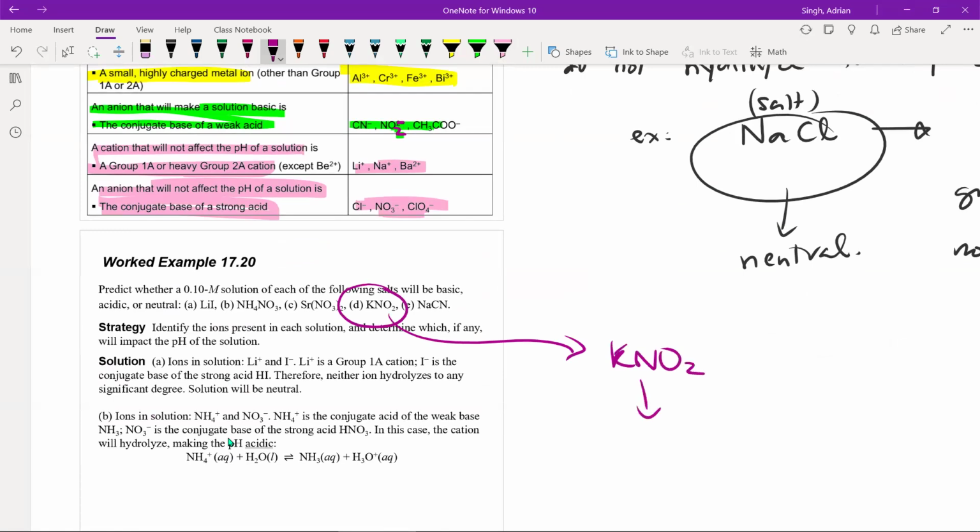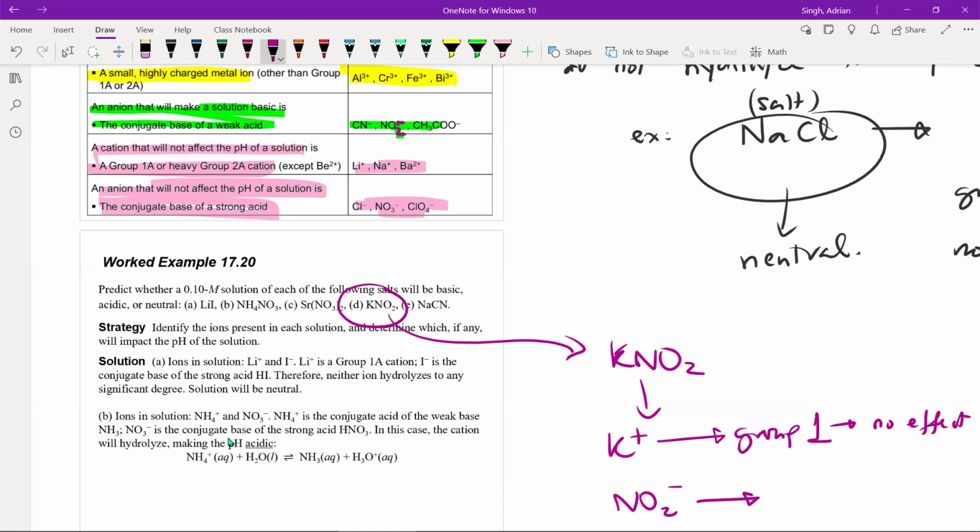So what are the ions? Well, we have the K plus and we have the nitrite ion, NO2 minus. Okay, so this is a group 1 metal ion cation, and that will not have an effect, so no effect on the pH.